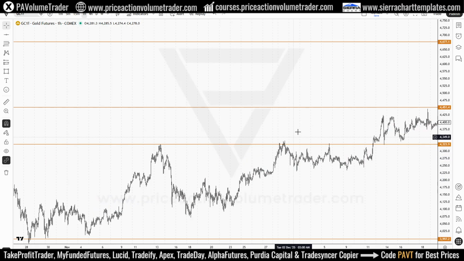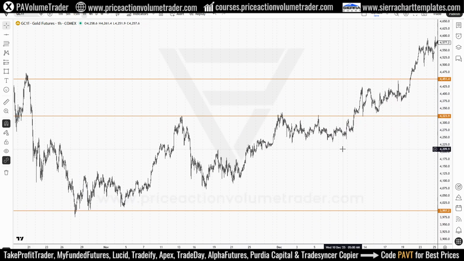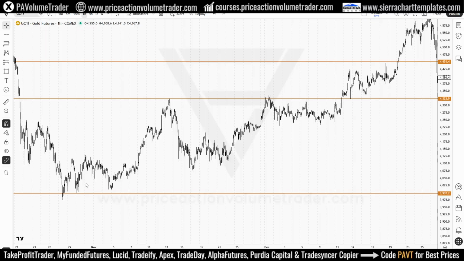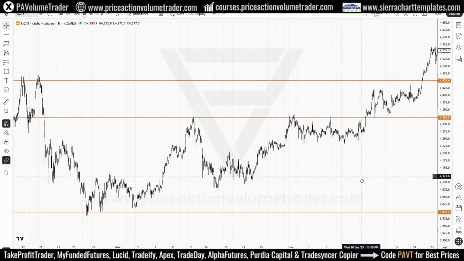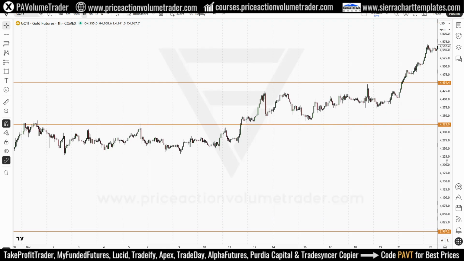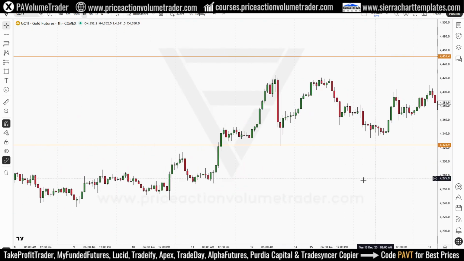So you can see this is the level that we were talking about on the daily, where we were printing the ascending triangle. And you can see this breakout on the hourly was a very clean breakout. No immediate back test on the daily or the hourly. Okay?